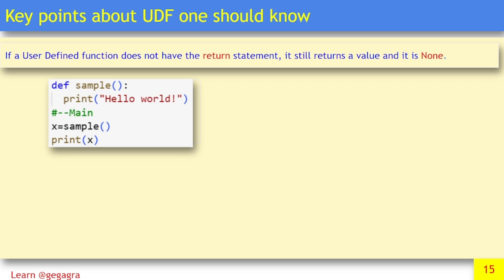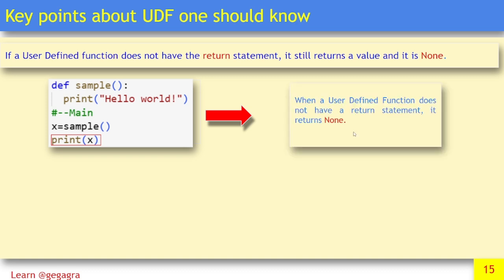So print x, I'm going to highlight it, and what should be the result? When a user defined function does not have a return statement, it still returns the value called None.